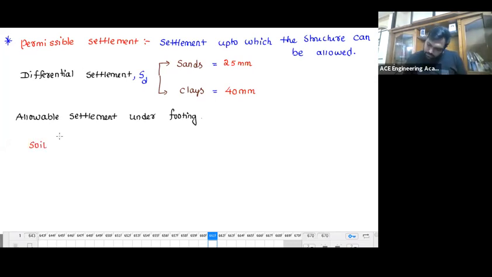Soil, isolated footing, raft foundation or footing.